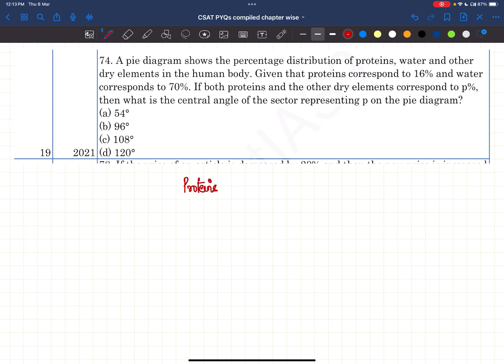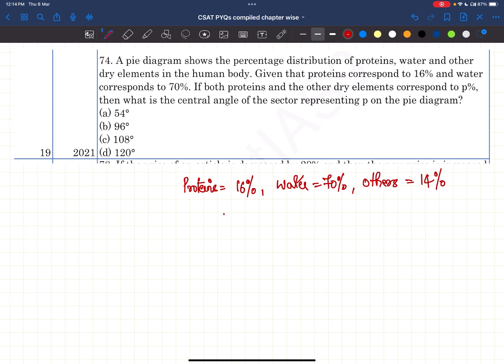Proteins he has given 16%, water 70%. Right? What will be the others? 16 plus 70, 86. The remaining is 14%. Right?